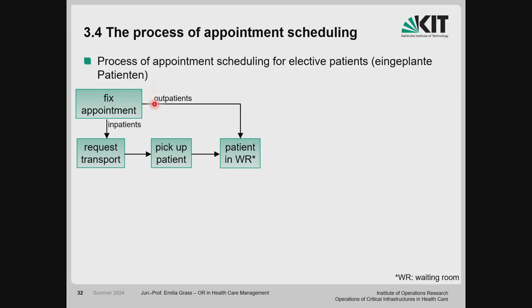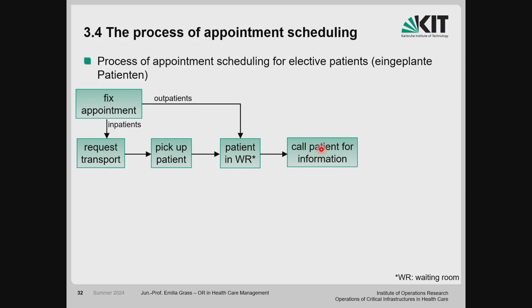if they are outpatients, they come directly to the clinic, to the MRI radiological ward. If they're inpatients, then they need some kind of transport. They will be picked up from the particular building and brought to this radiological ward. Then they have to wait in the waiting room, and then they're called for information.